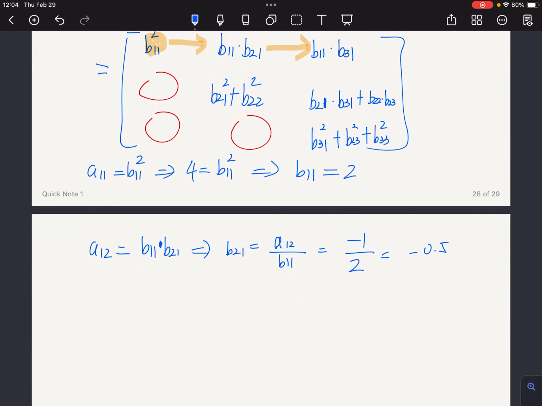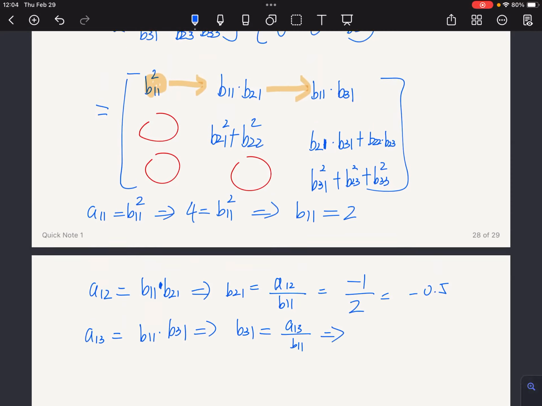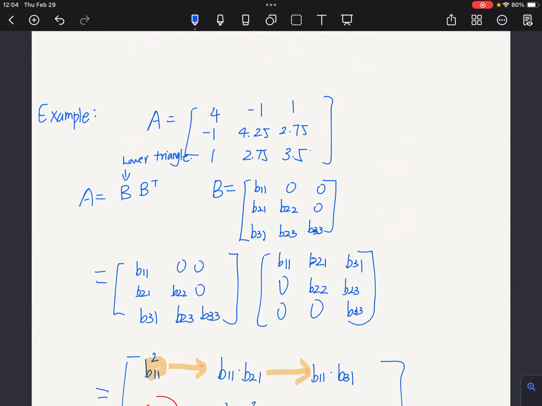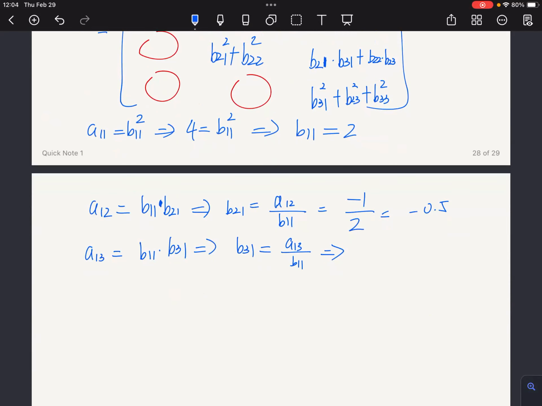We will do the same thing for B31. Here, for the third element, we compare matrix A and the multiplication result we have here. We have B11 times B31, and we solve for B31, and we get A13 divided by B11. What is A13? A13 in the matrix is just 1, so I'm going to copy the value down here.